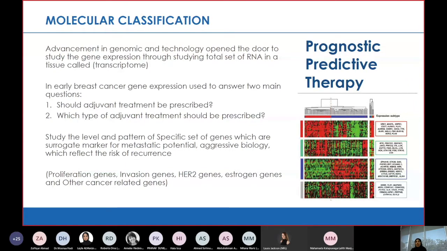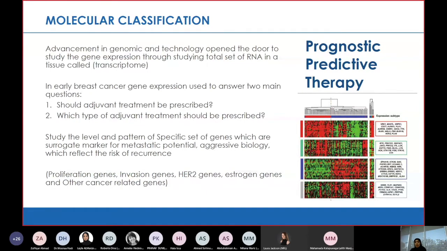So with all the advancement in technology and the rapidly evolving knowledge in genomics, this really helped to study gene expression through the total set of RNA in a tissue.